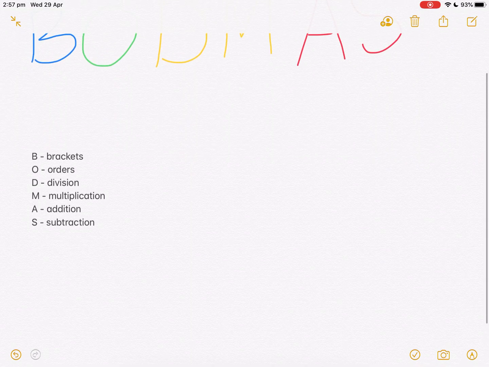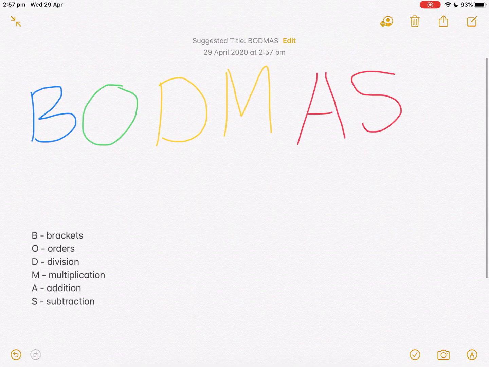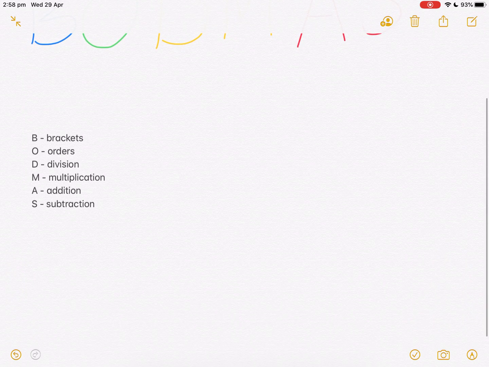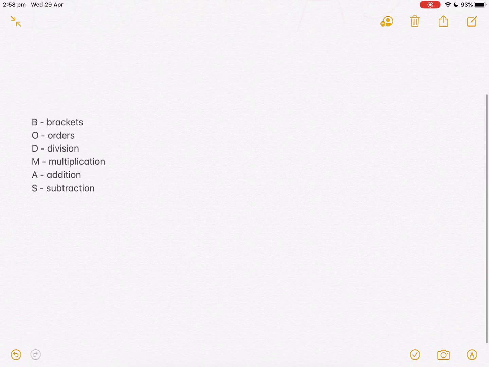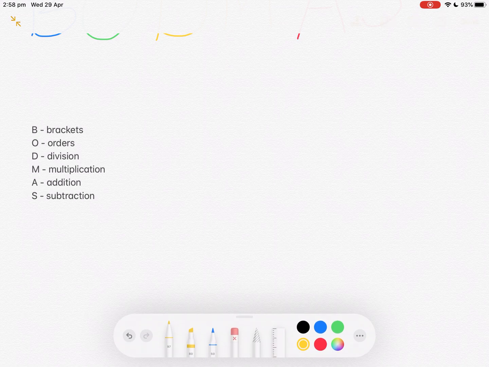Okay, so that's our BODMAS. Brackets, orders, which we're not worrying about, but division, multiplication, addition, subtraction. So if we have a problem that has more than one operation, we always do the brackets first. Anything that's inside a bracket comes first.